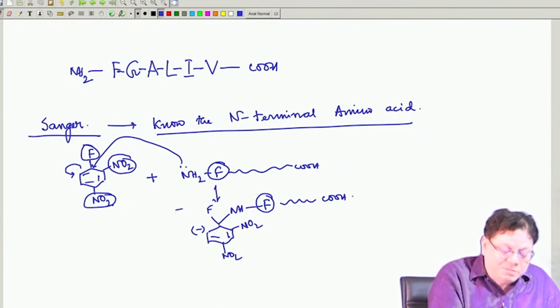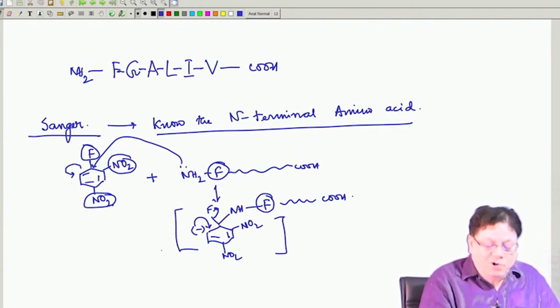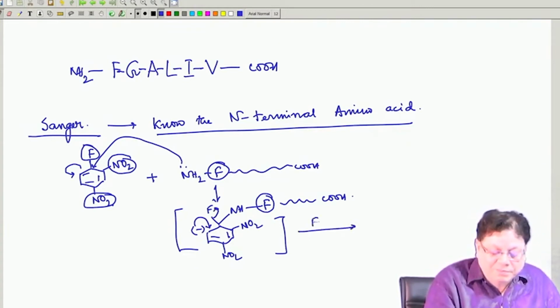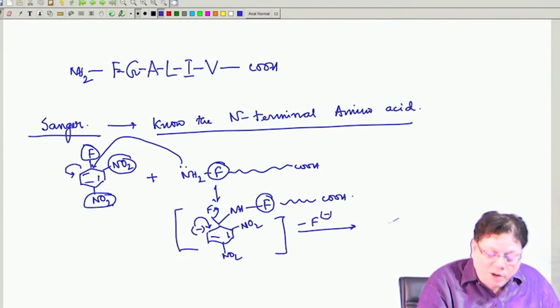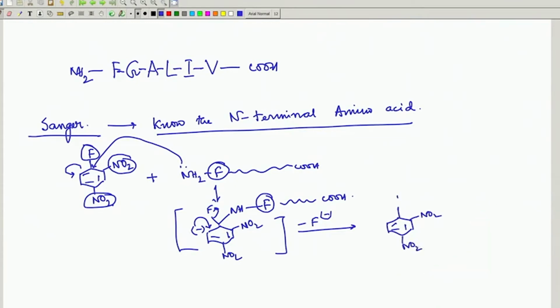But this is not very stable, this is the intermediate, then it regains aromaticity by expelling the fluoride. Okay. So, minus F minus, and what you get is basically a 2,4-dinitrophenyl derivative of the first amino acid that is present in the peptide. This is what is called the DNP derivative.